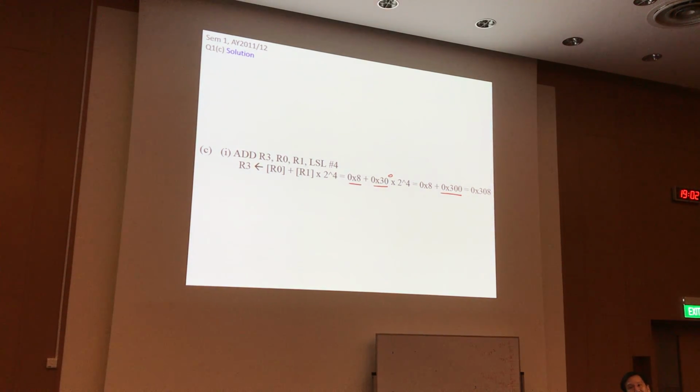We expect you to not spend more than 2 seconds converting between hexadecimal and binary and vice versa. When you shift left, you introduce 4 binary zeros, but actually it's 1 hexadecimal 0. Then when you add it together, it's 308, and that 308 will go into R3. So this kind of question, please don't get it wrong. You should be able to do this in 1 minute and then score the marks for it.